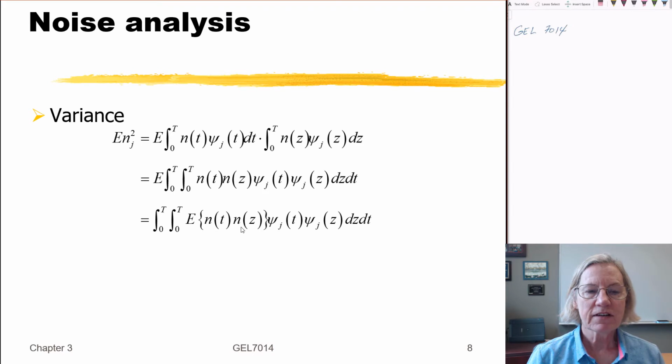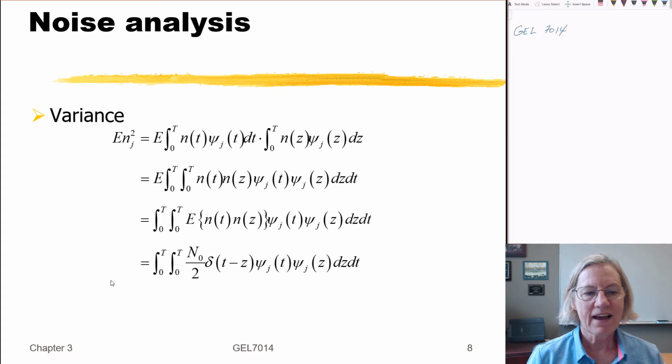When we have t equal to z, we get a delta function, and the integral of the delta function is just unity. So here we write it again: the double integral from 0 to T of n0 over 2 times the delta function, t minus z. And this becomes, again, a single integral because the integral of a delta function is unity.